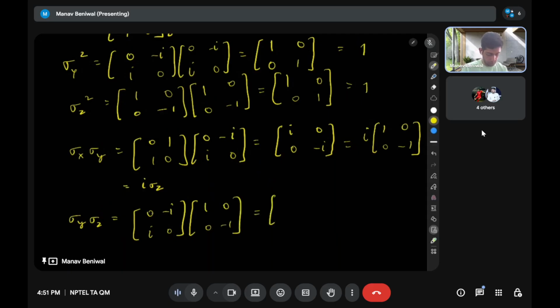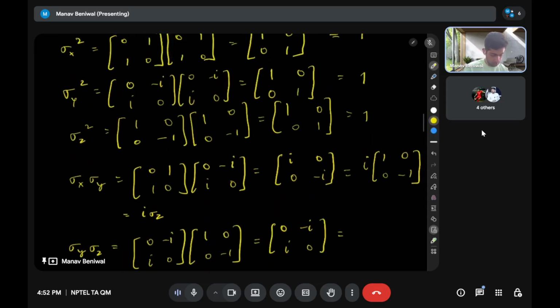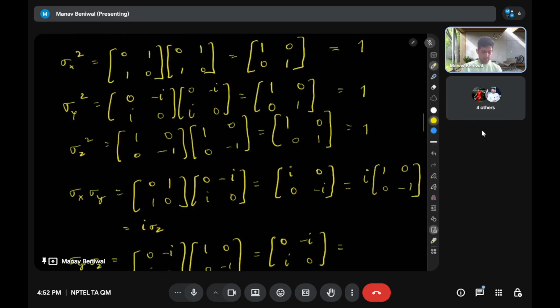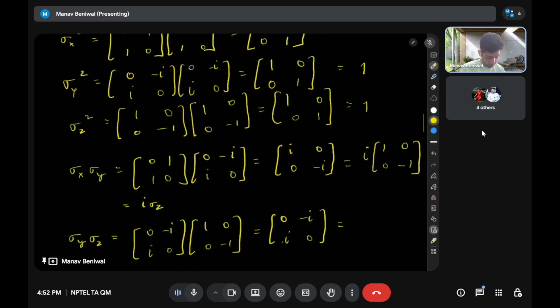So this will give us 0 and minus iota and iota and 0.